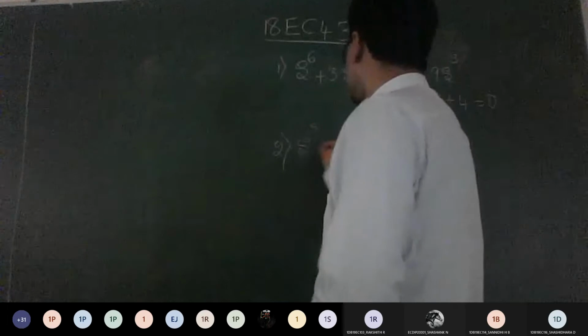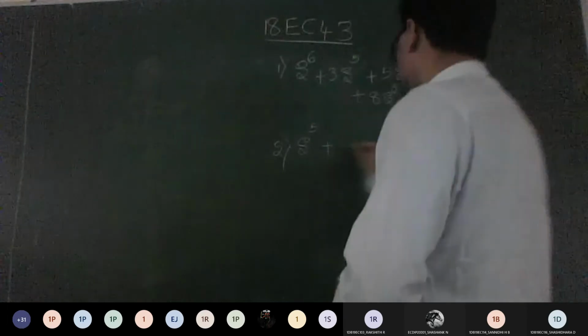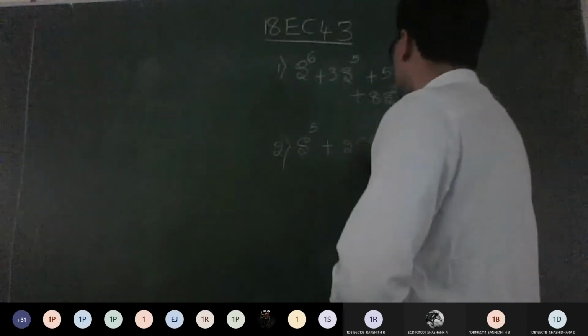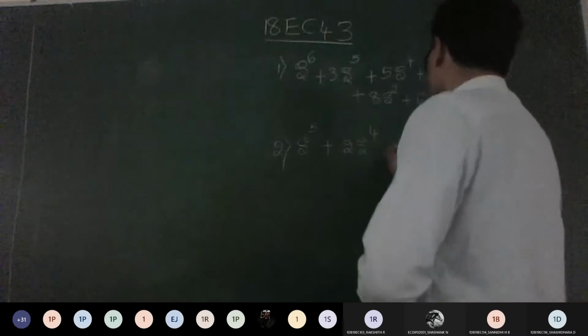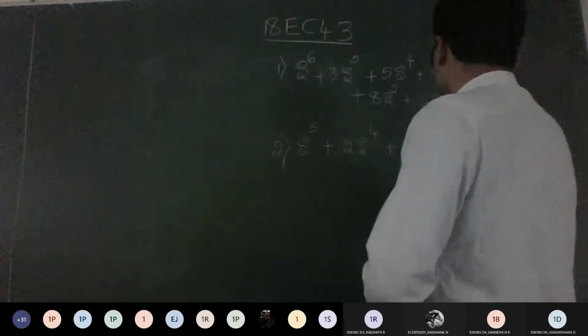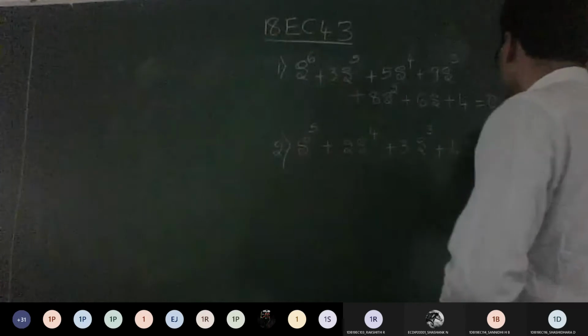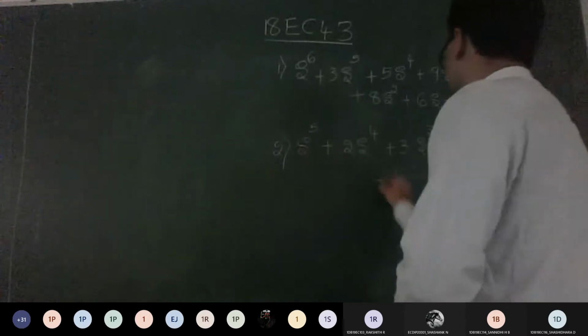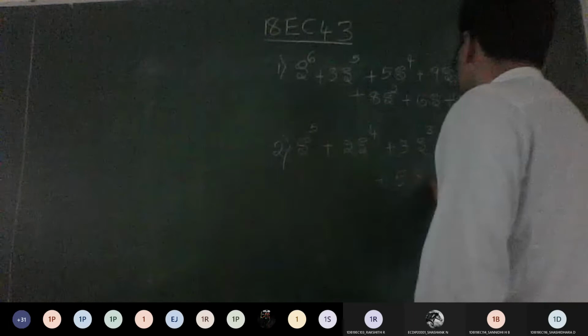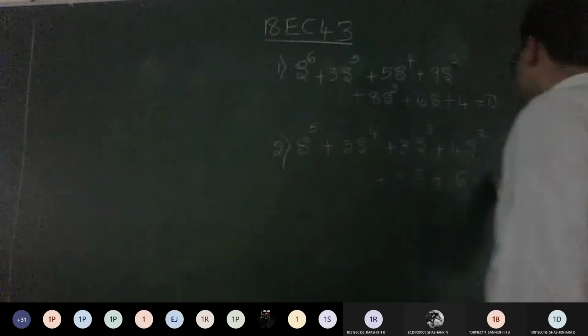S power 5 plus 2 S power 4 plus 3 S cube plus 4 S square plus 5S plus 16 equal to 0.